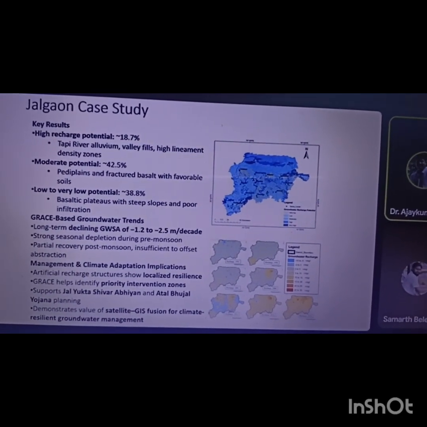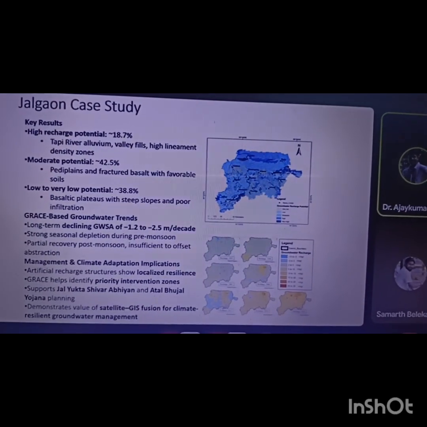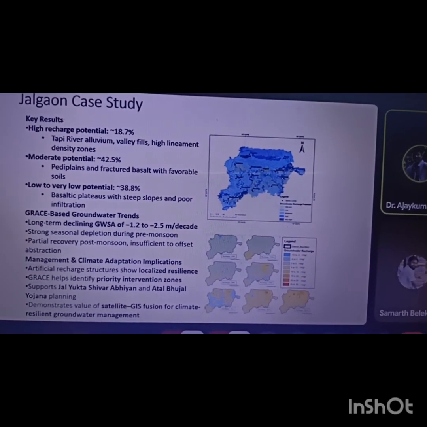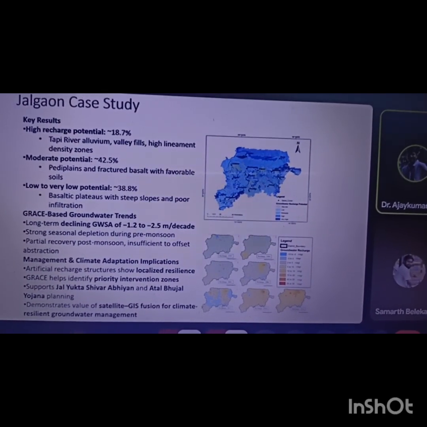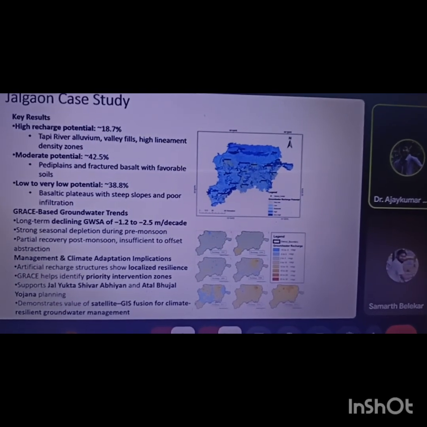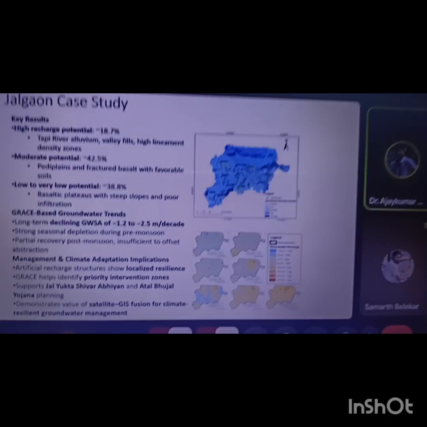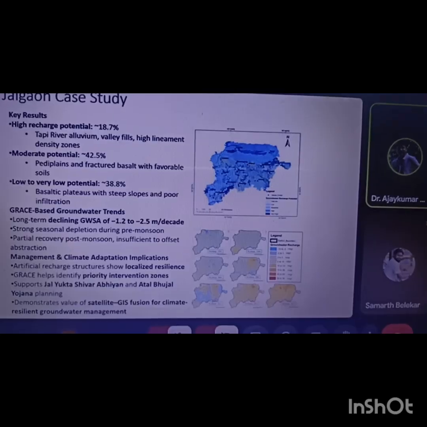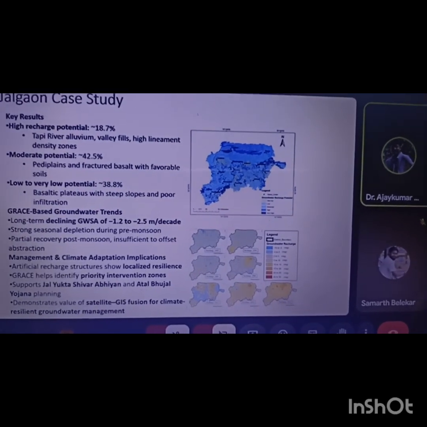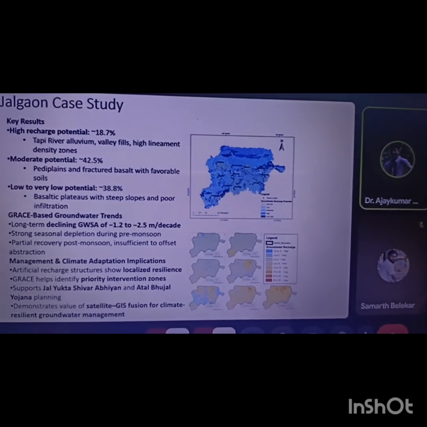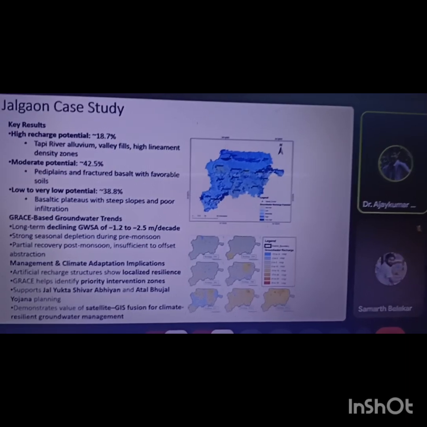As we said, the recharge potential will be higher in the Tapi alluvium area, where the valley fields and high lineament density zones are present. Why will there be more recharge? Because a lineament is nothing but a linear structure that allows water to percolate into the groundwater.